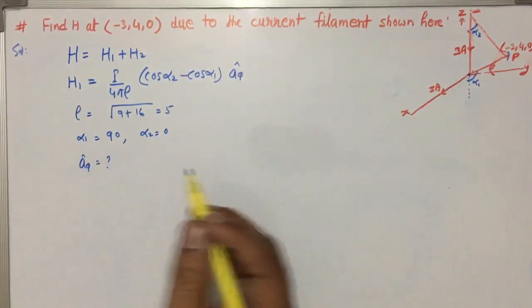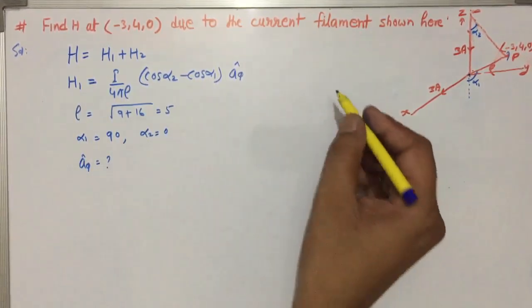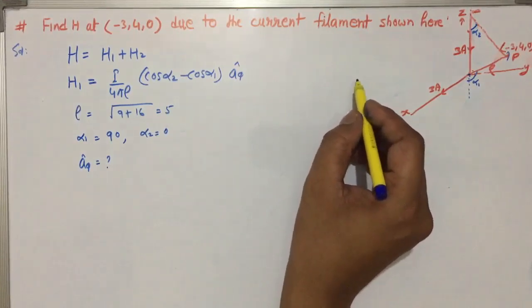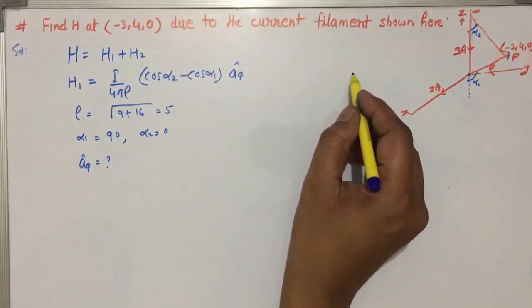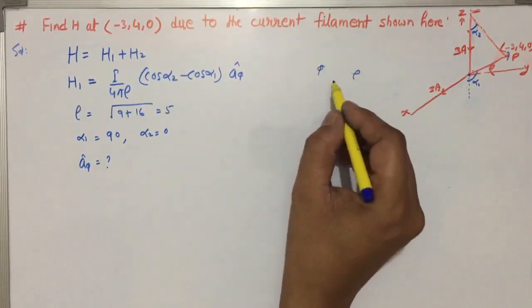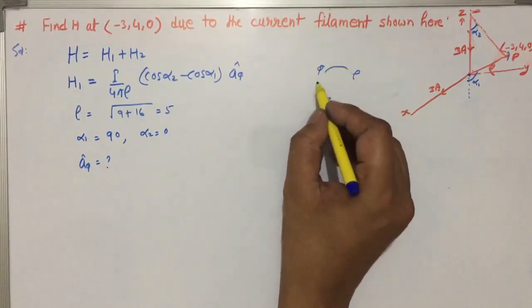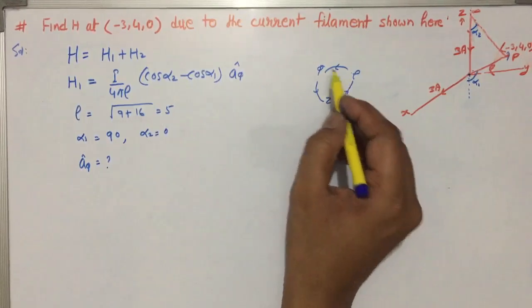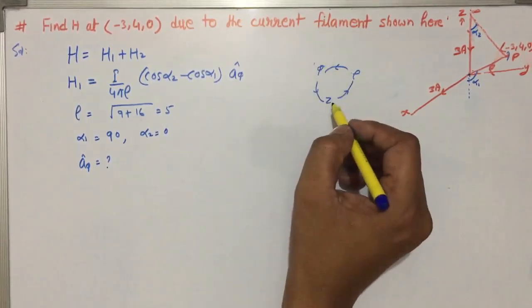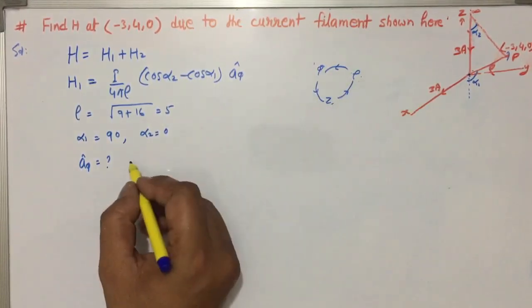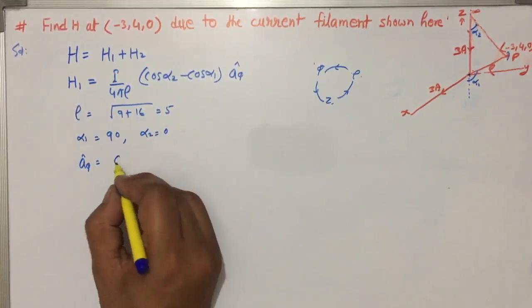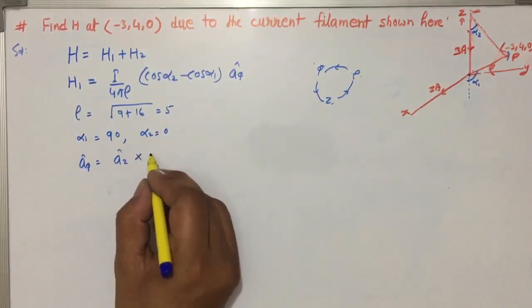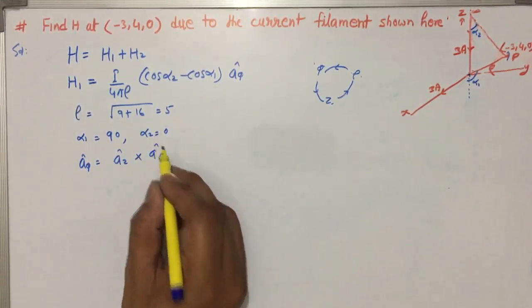For a phi we have the coordinates rho, phi, z. We know that a phi can be found by taking the cross product of az and a rho, so a phi is az cross a rho.